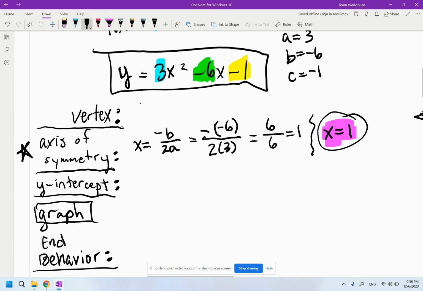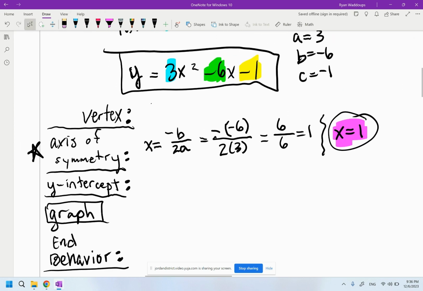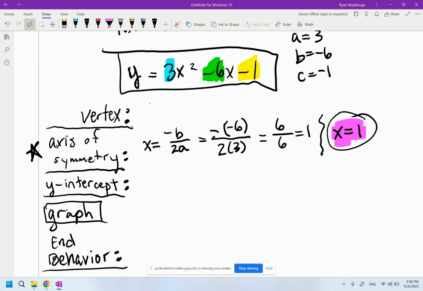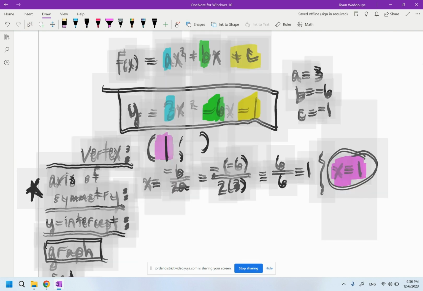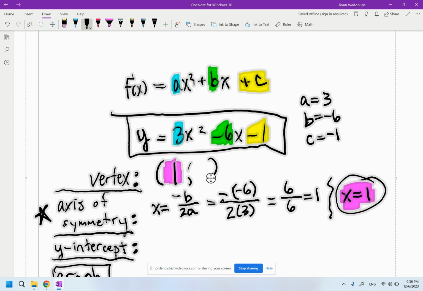Then we're going to go to the vertex. And as I said, we found part of the vertex by finding the axis of symmetry. So this x equals 1, we know here that x equals 1. Now we just have to find what y is. And every point on this line, and on any line, is in the form of an ordered pair.